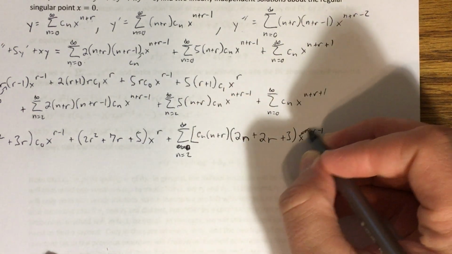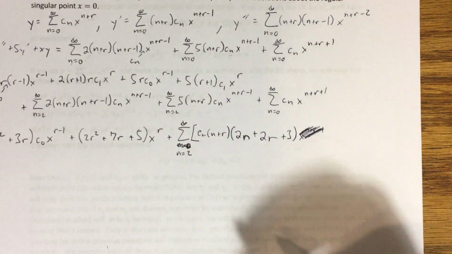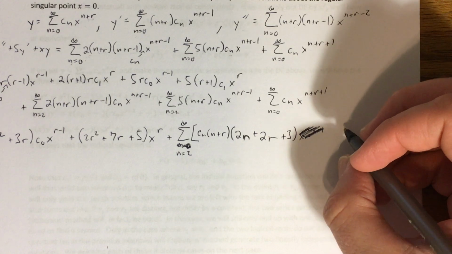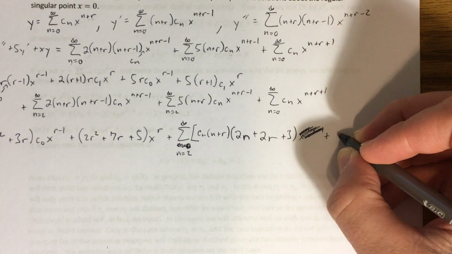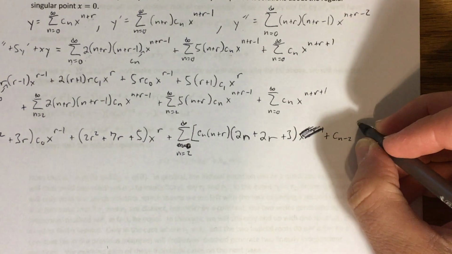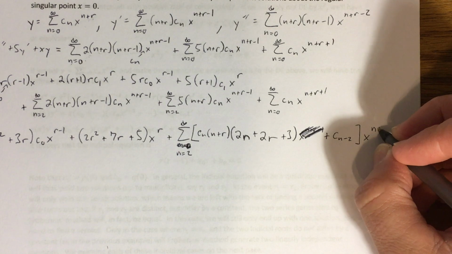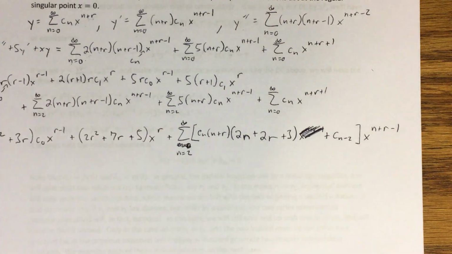So let me actually remove this guy and then factor it out at the very, very end. If I also subtract 2 from that n right there, I'm going to get plus c sub n minus 2. And now all of that has an x to the n plus r minus 1 in it. All right.